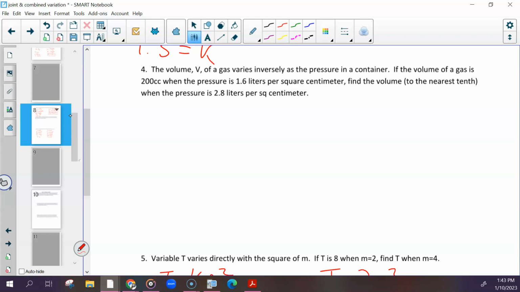For 4, it tells us the volume V varies inversely as the pressure in a container. So the V would be like our Y. It doesn't say what the variable for the second one is, but that would be like your X. Whether you call it X, call it P, doesn't matter.